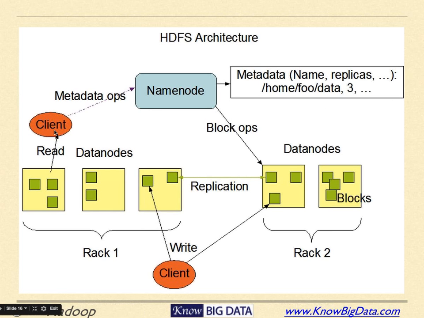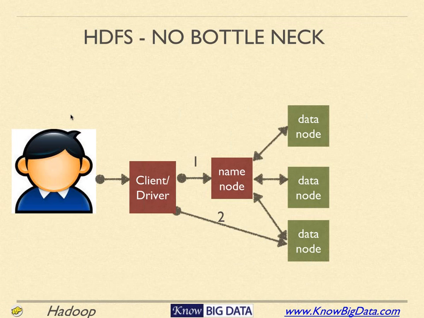And the client library will assemble the file for you and give it to you as a single file. So as an end user, you do not have to deal with all of this. The command line which you will use for uploading and downloading data will do all the assembling and breaking into blocks. This command will break the files into blocks and upload them onto the data nodes.